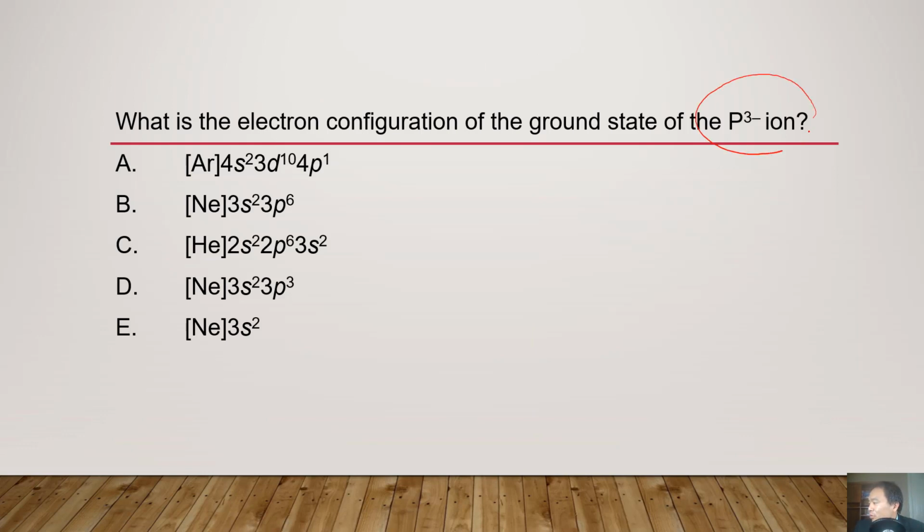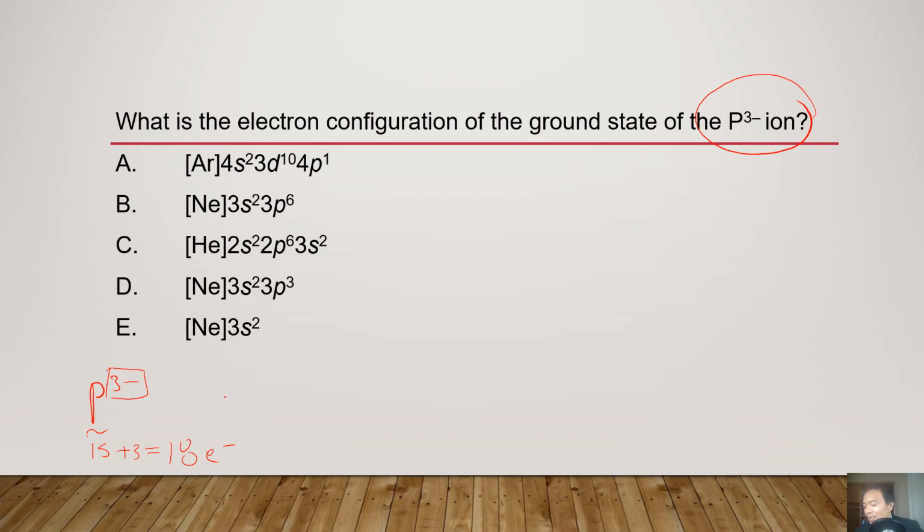What is the configuration for P3 minus? Remember, when you look at a P3 minus, how many electrons do you have in P? You look at P, it has 15, but do remember, a 3 minus means you have gained 3 electrons. So that's 18 electrons you have.